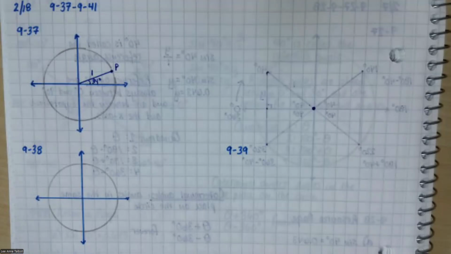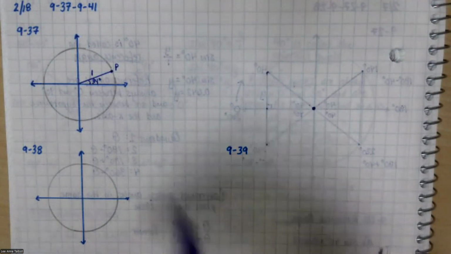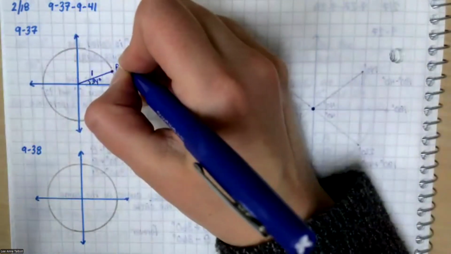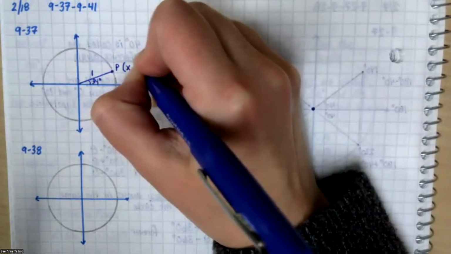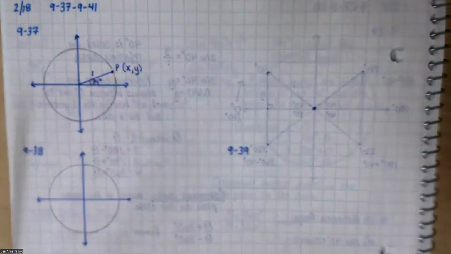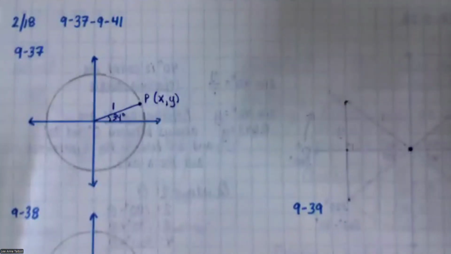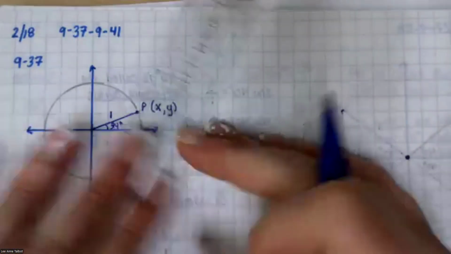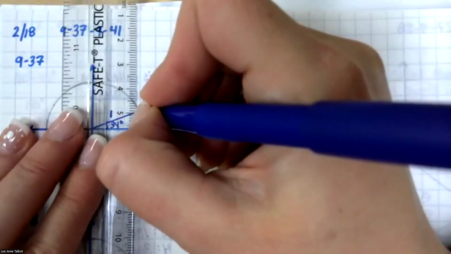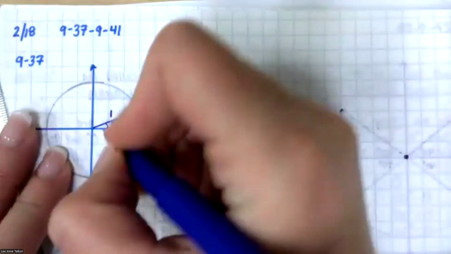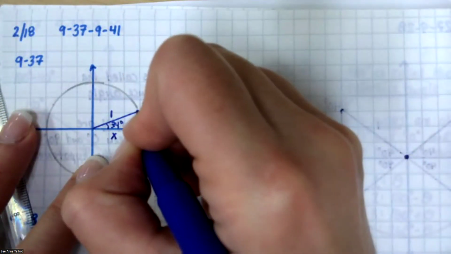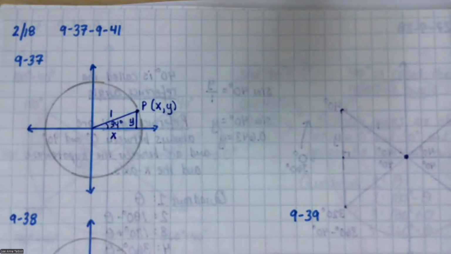Here's mine. Okay, now it wants us to find the coordinates. Coordinates are X and then Y, correct? Okay, so I'm going to give us a hint. There's your hint.